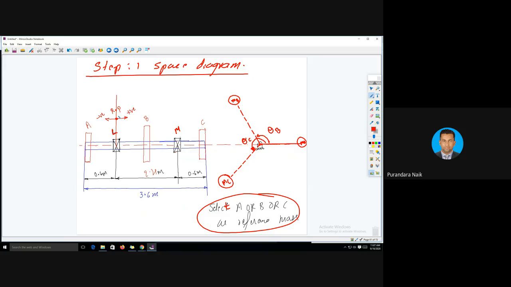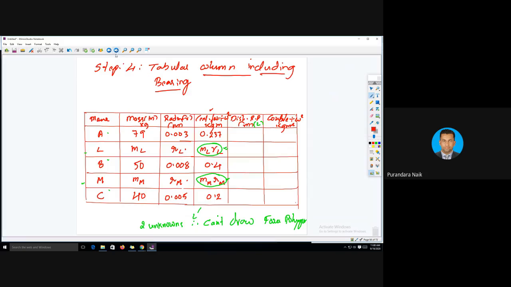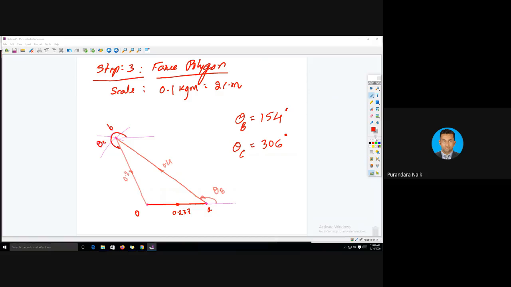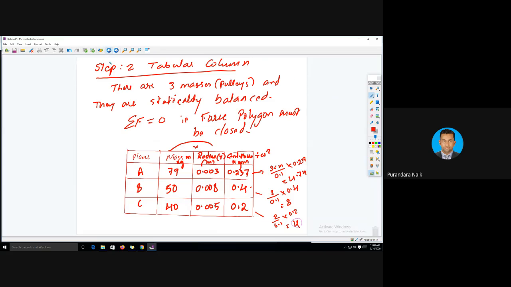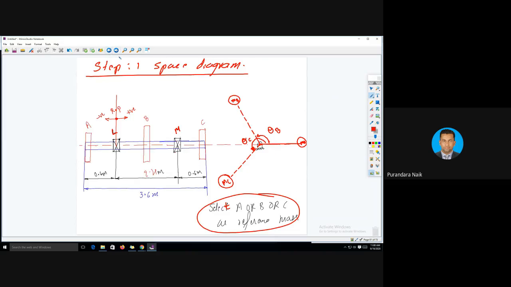Now we can take the distance from the reference plane. First plane is A. A to L is 0.6 meter. So write down 0.6 meter. Next, L to L, 0. L to B distance. Look at this, there is a complication here.